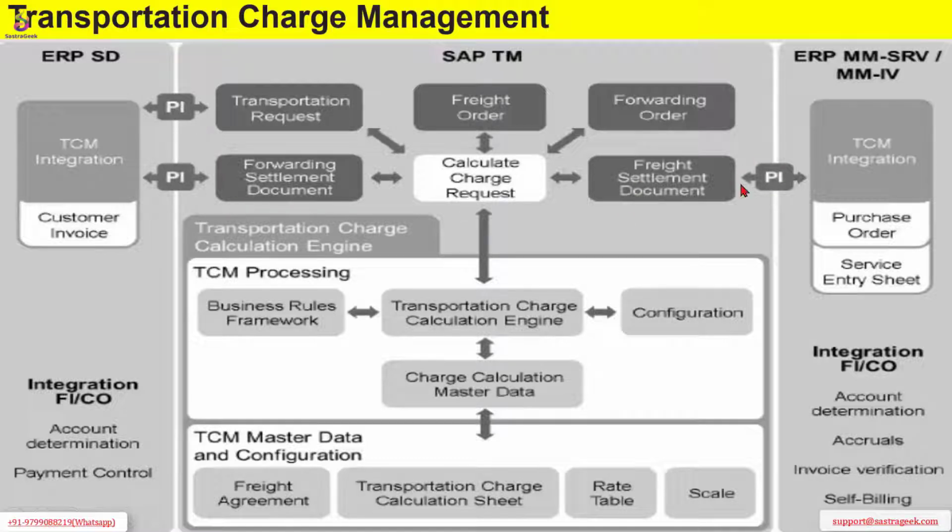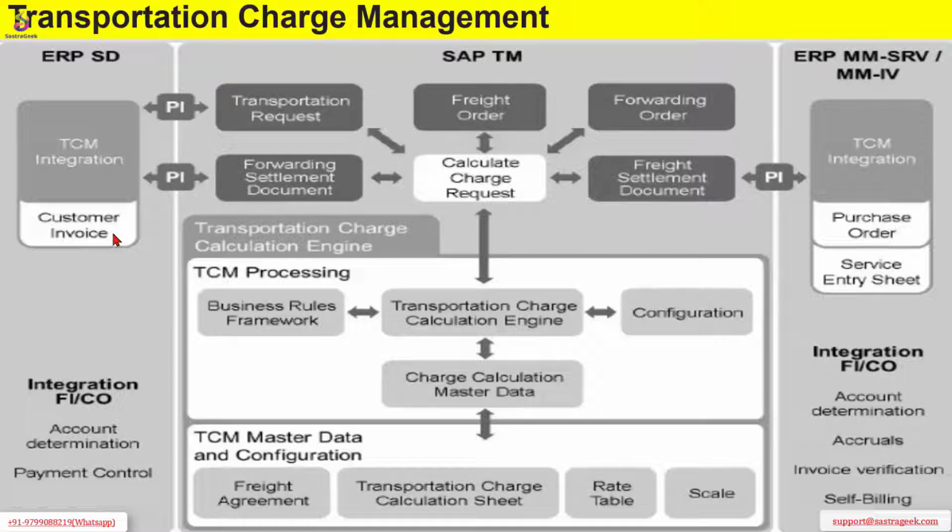In an embedded system this integration will not be there, as everything is in one box. That's the only difference. In this case there is integration with FICO, wherein account determination happens, the revenue account determination, and then the billing documents get created and you post to accounting.